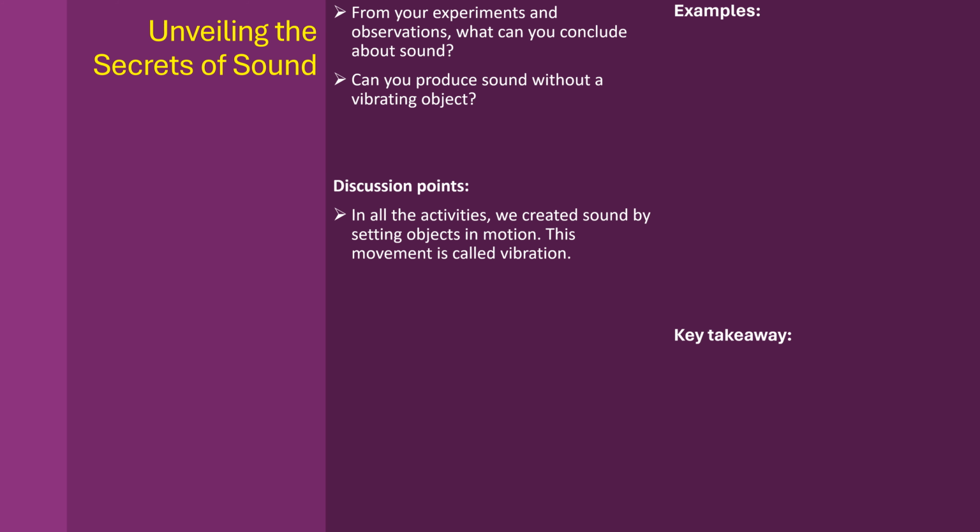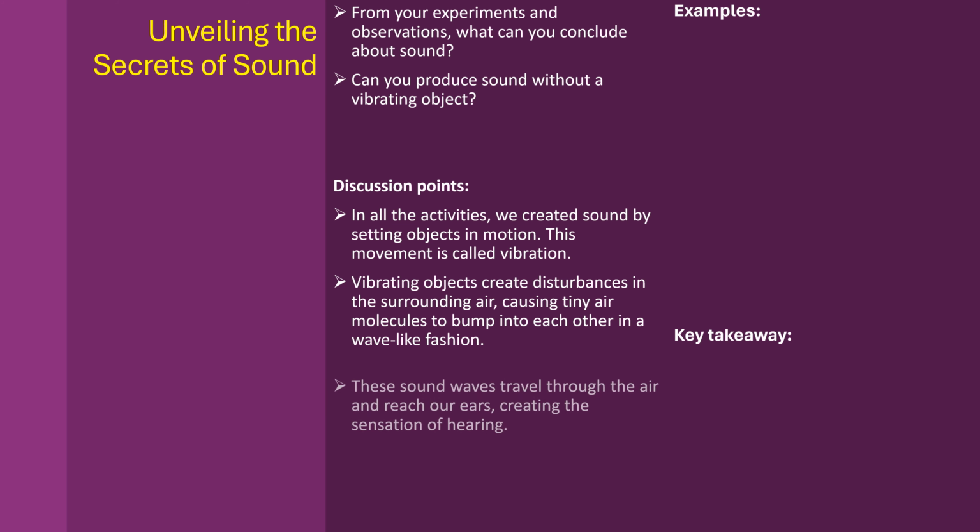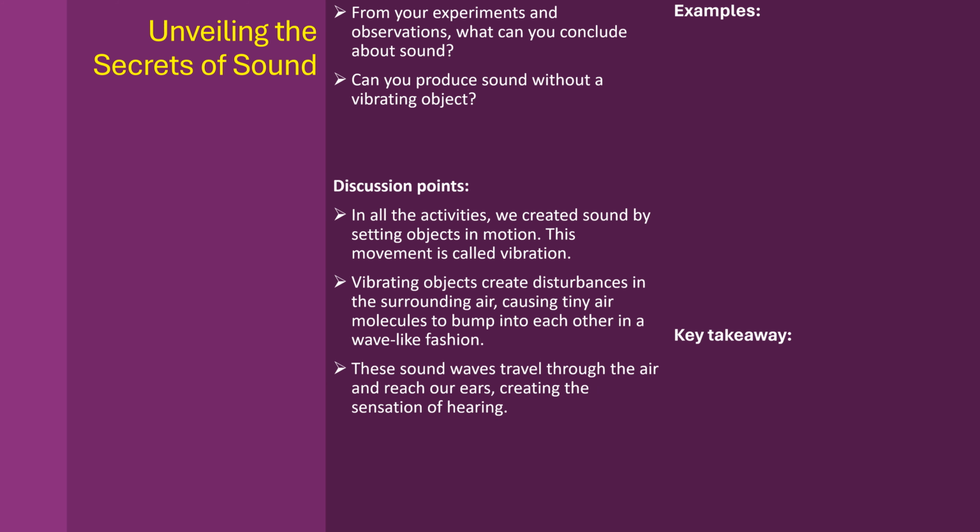In all those activities we created sound by setting objects in motion, and this movement is called vibration. Vibrating objects create disturbances in the surrounding air, causing tiny air molecules to bump into each other in a wave-like fashion. These sound waves travel through the air and reach our ears, creating the sensation of hearing.